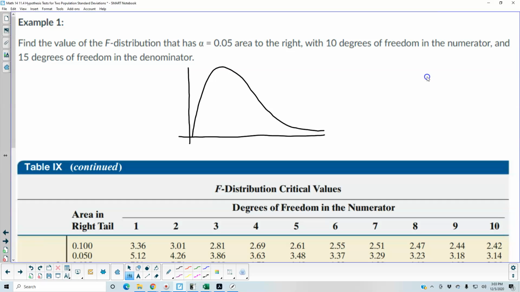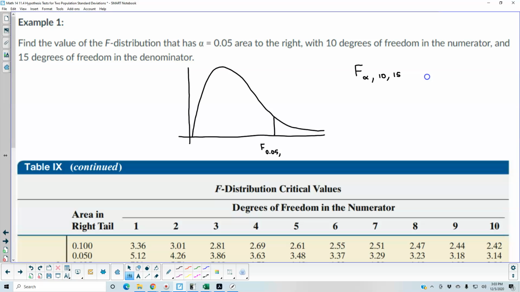And so what we have is an F distribution where we have alpha, and then we have the degrees of freedom in the numerator, which is 10, and the degrees of freedom in the denominator, which is 15. So technically what we're looking for is F, which has an alpha of 0.05.